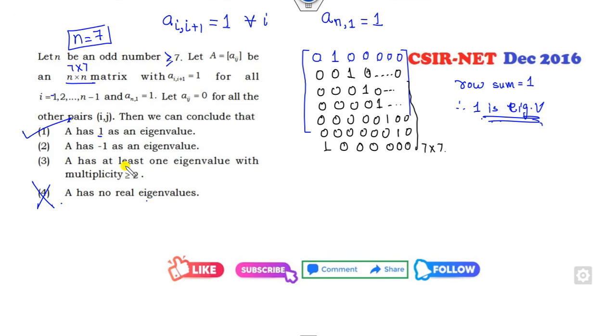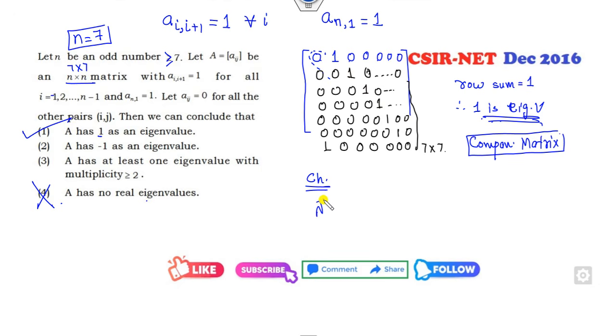Now, how can you find that? Clearly, this is the diagonal 0, and the above-diagonal entries are 1. So that means this is a companion matrix. Once it's a companion matrix, can you write the characteristic equation?